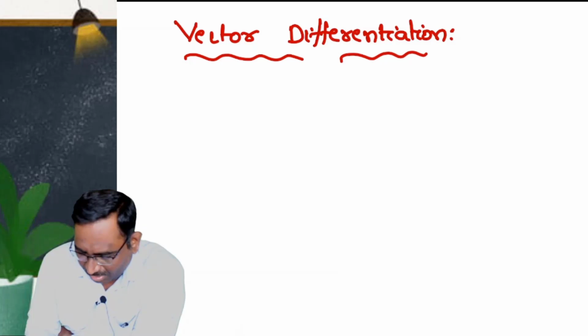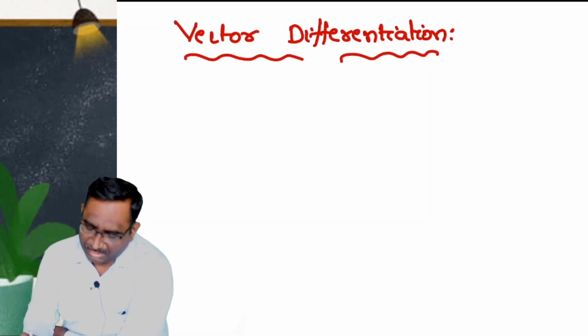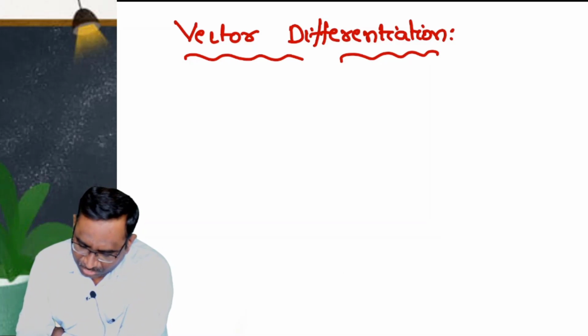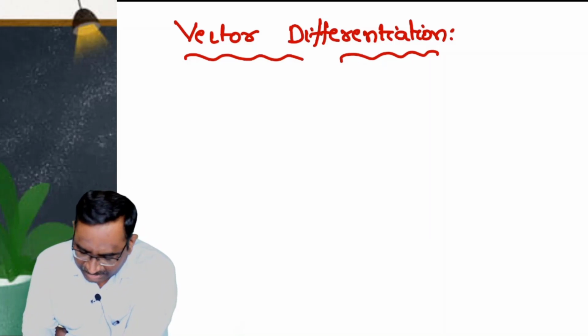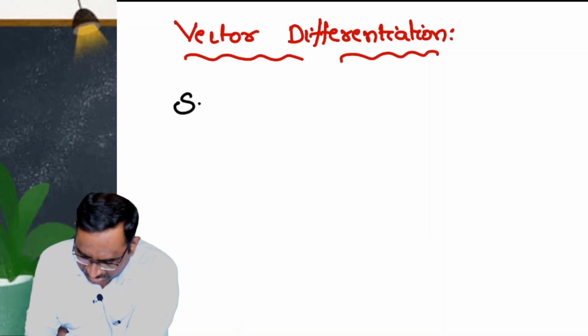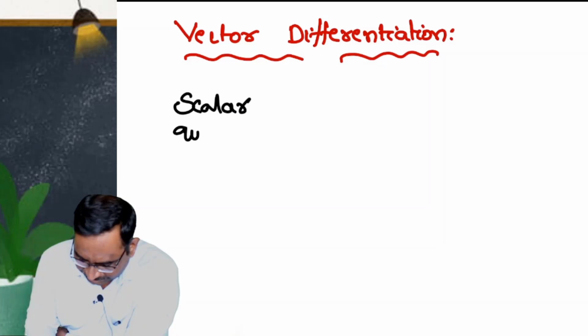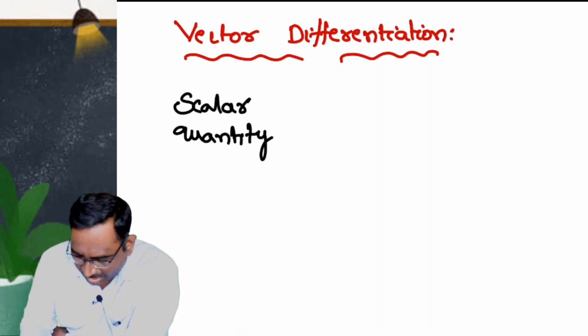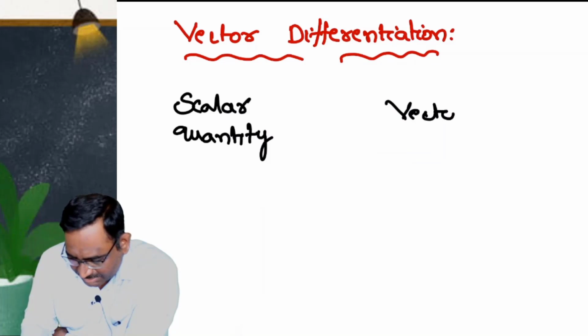All of you know there are 2 things: one is a scalar quantity and another is a vector quantity.